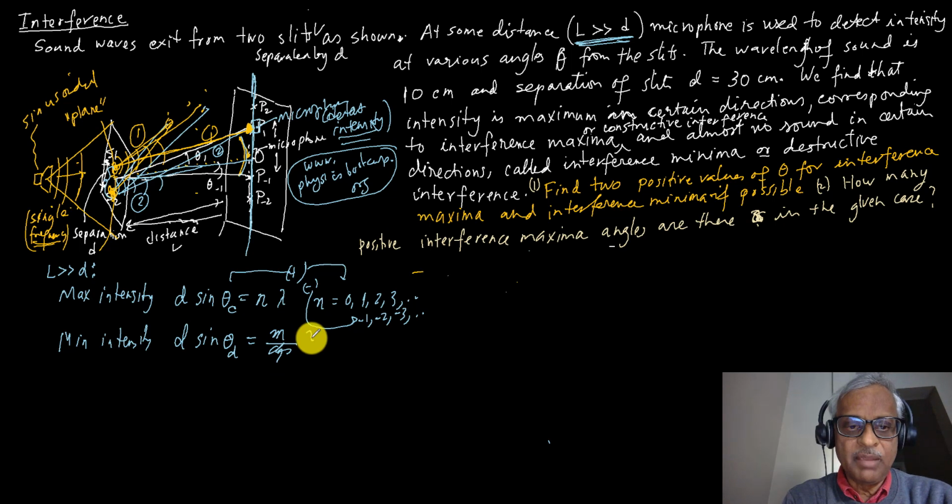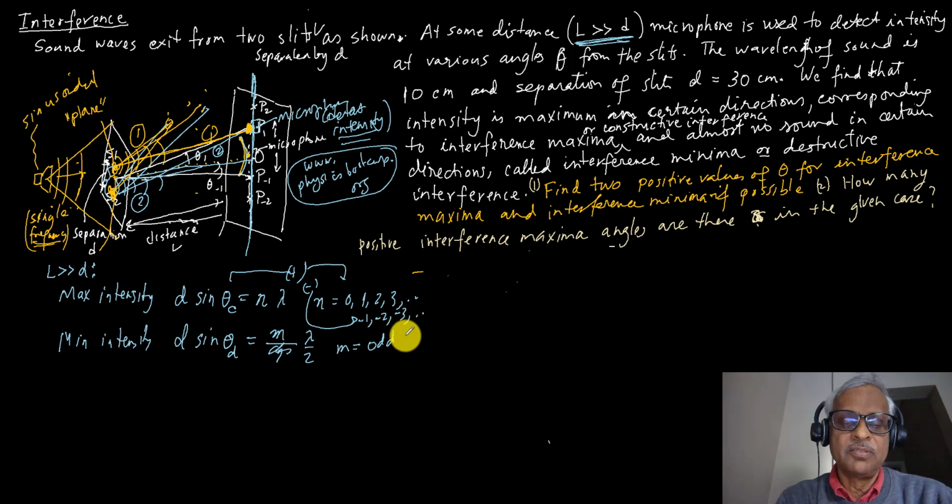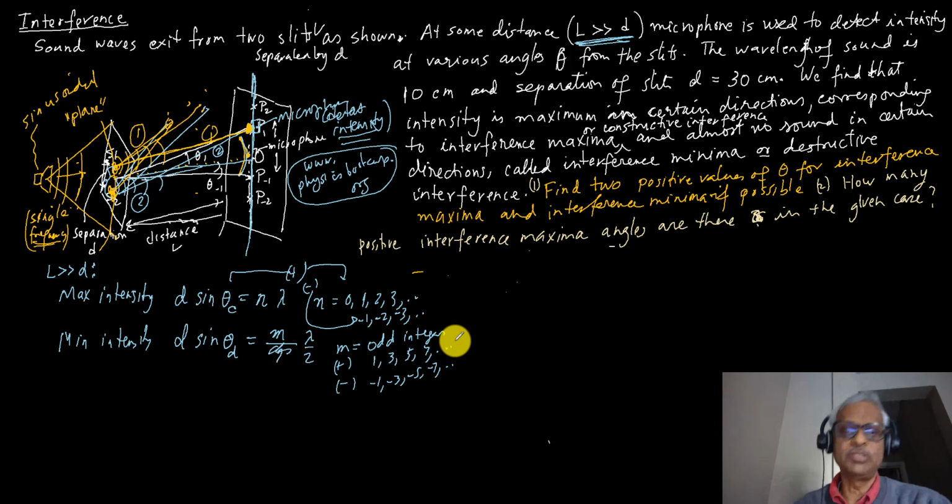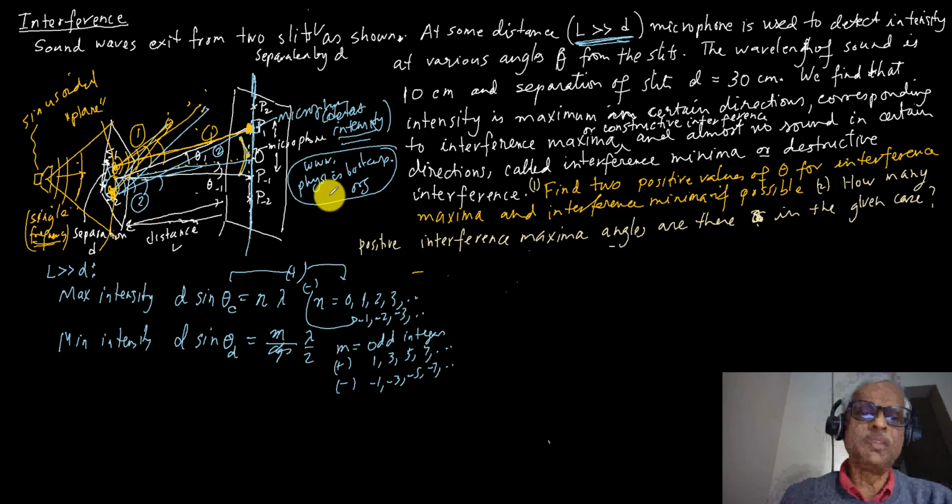It's m times lambda over 2, and this m will be odd integers. So for the plus, you're going to have m equals 1, 3, 5, 7, etc. For minus, it's going to be -1, -3, -5, -7, etc.